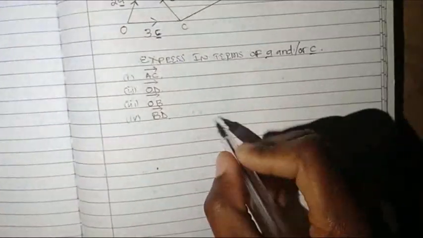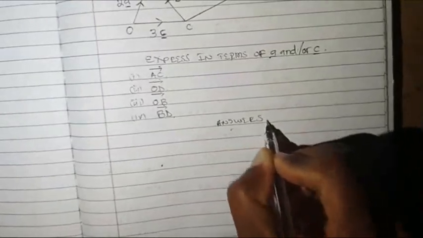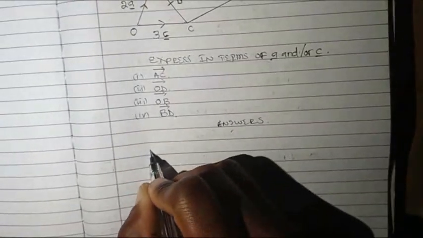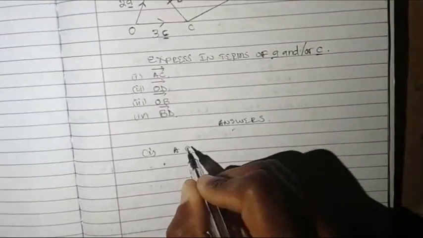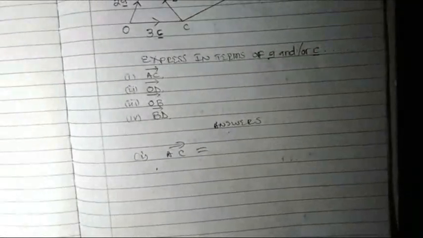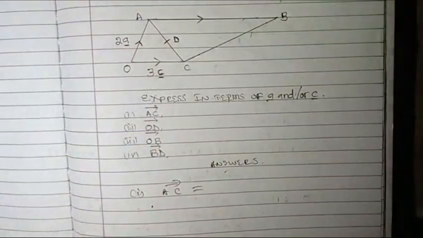So I'm just going to go real quick in answering, because my phone anytime will shut down. Let us do it real quick. AC. So what is vector AC? We are going to solve it as we have been doing with all other problems.